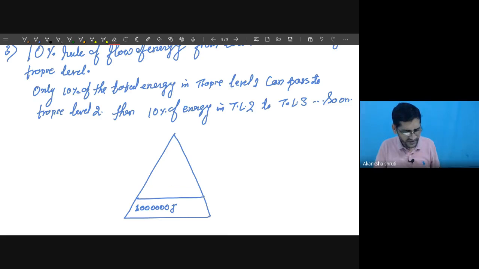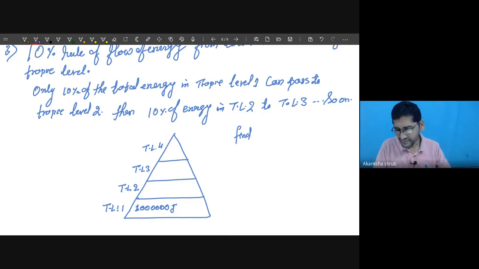Then you have to find the energy in all other trophic levels. So this is our trophic level 1, this is trophic level 2, this is trophic level 3, this is trophic level 4.